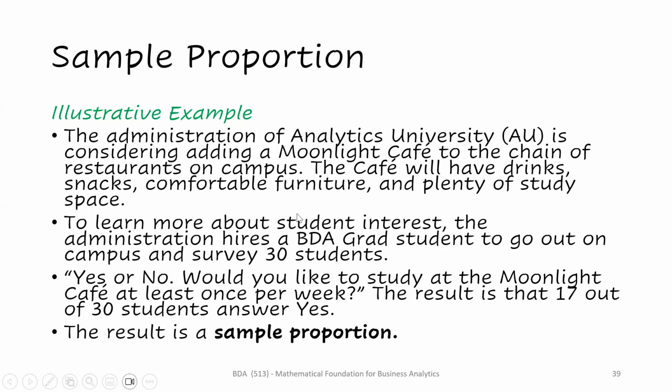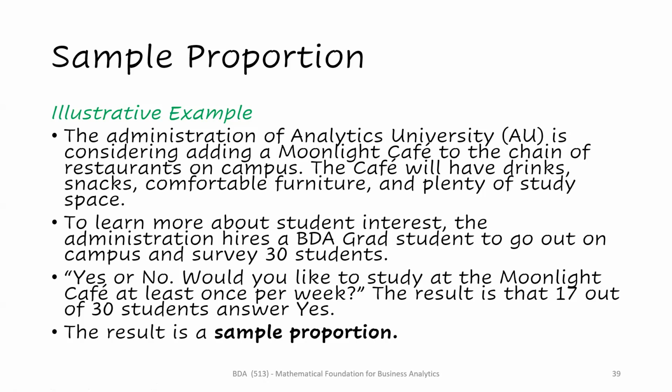To learn more about student interests, administration hires a BDA graduate student to go out on campus and survey 30 students. The question is yes or no: would you like to study at Moonlight Cafe at least once per week? The result is that 17 out of 30 students answer yes.